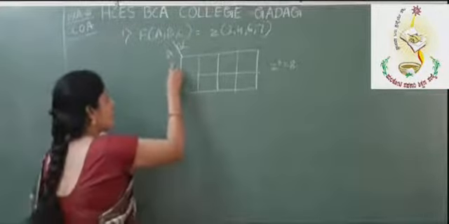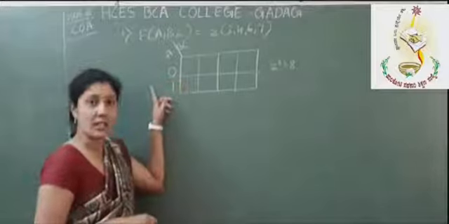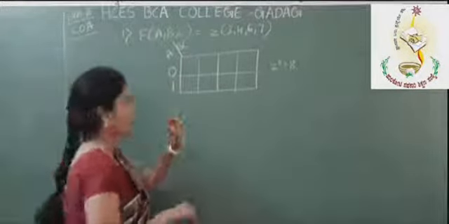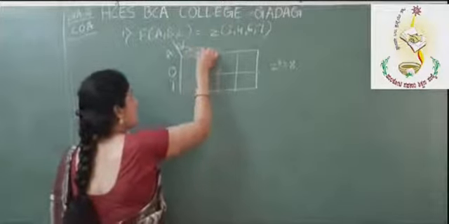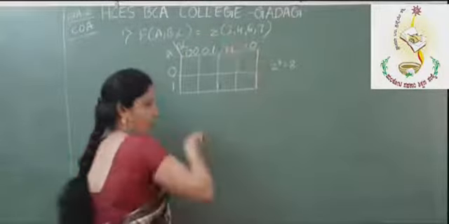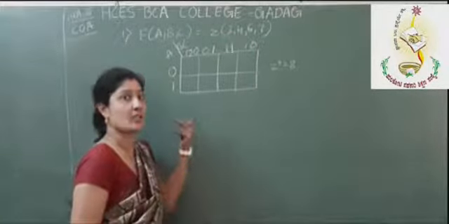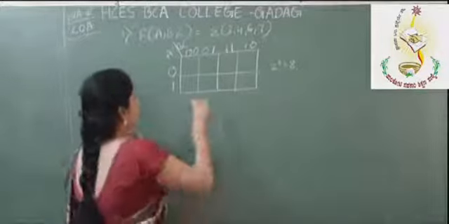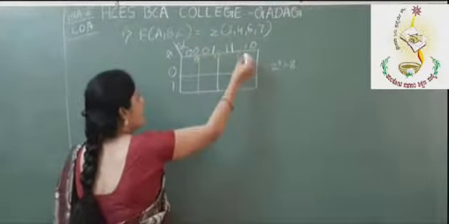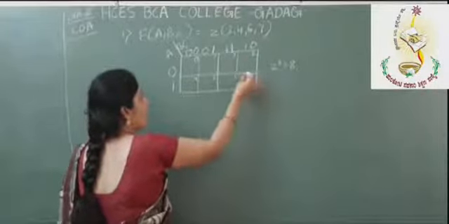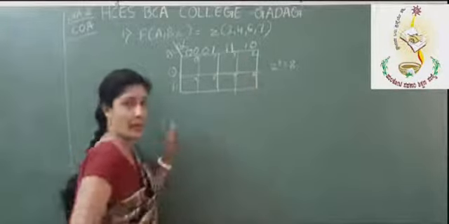The values are 0 and 1. Next BC, 2-bit combination, 0 0, 0 1, 1 1, 1 0. Why these two are exchanged, I have explained in the last class. Now 0 1 2 3 4 5 6 7.